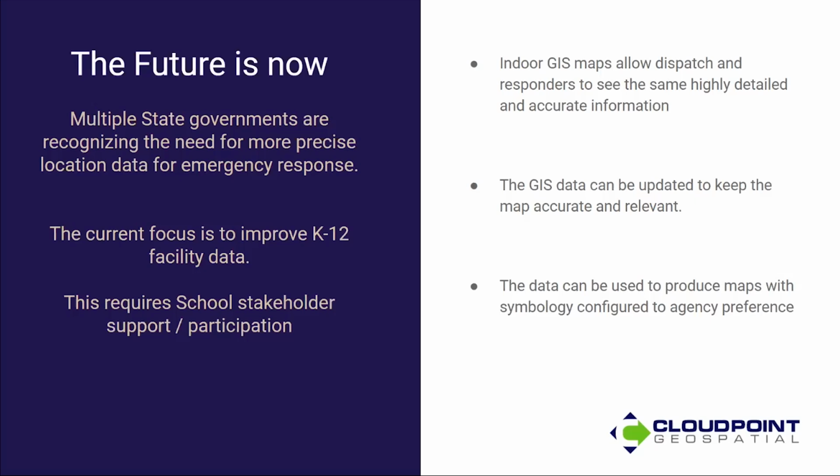So the current focus from multiple states is to improve K through 12 facility data sets to bolster response for those facilities. That being said, that long list of multi-point address types are still accurate and viable, but the financial grants focus around K through 12 facilities at the moment.